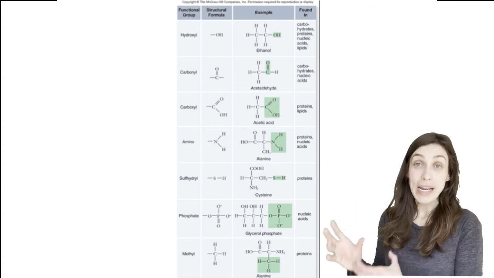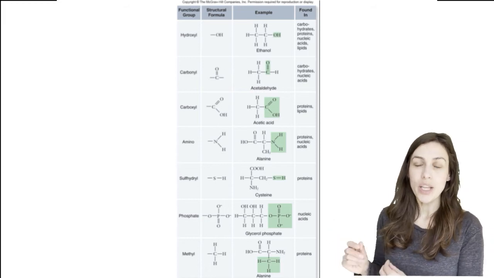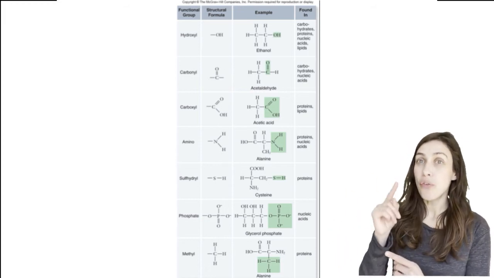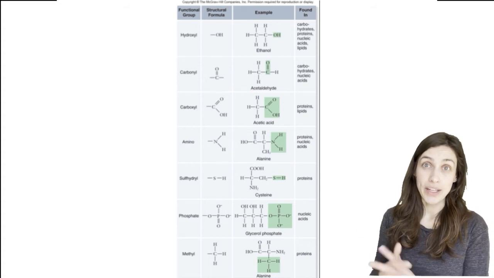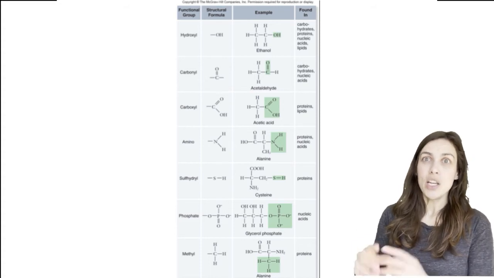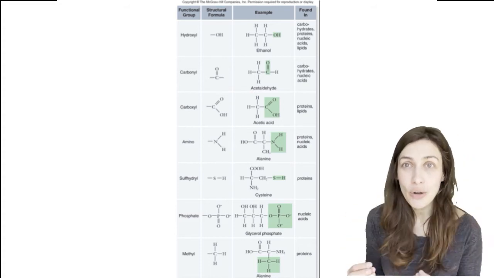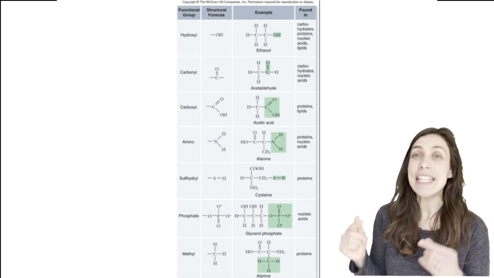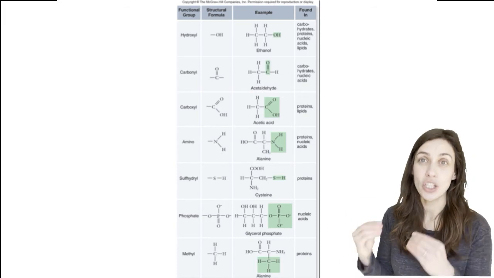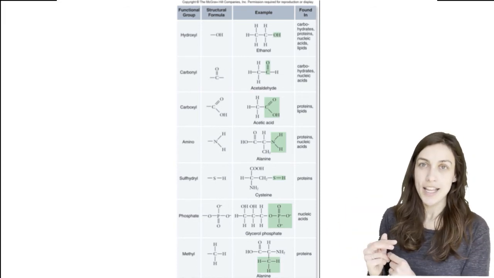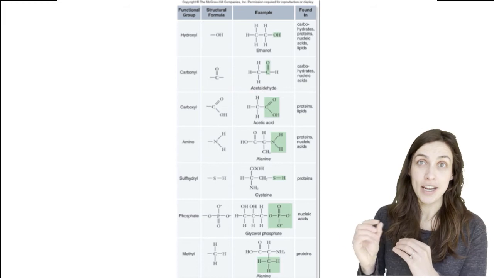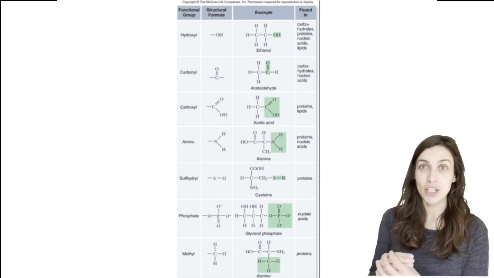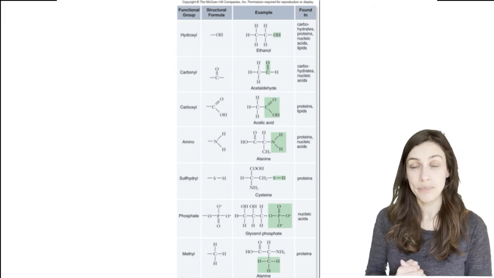Phosphate group is quite large in comparison to the others. It's a phosphorus with 4 oxygens covalently bonded to it. Not only that, but 2 of the oxygens also carry negative charges. So they're actually extra electrons. And it is an ion group that is being connected to a hydrocarbon.